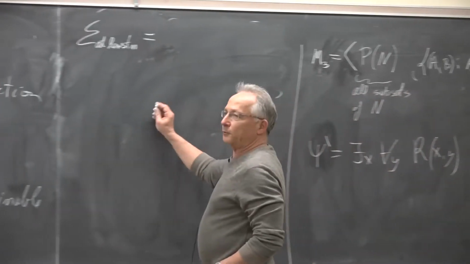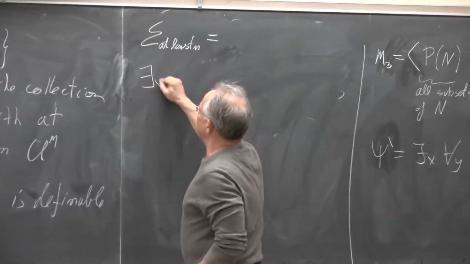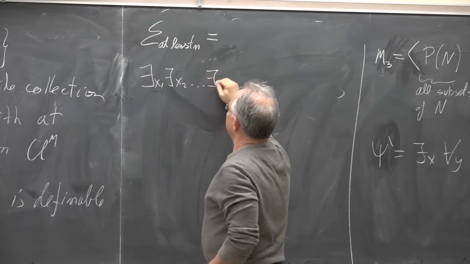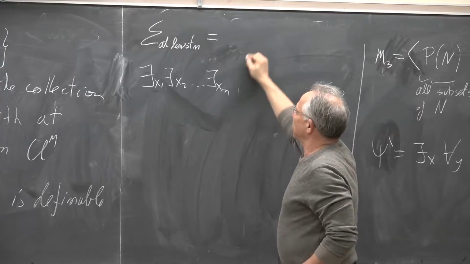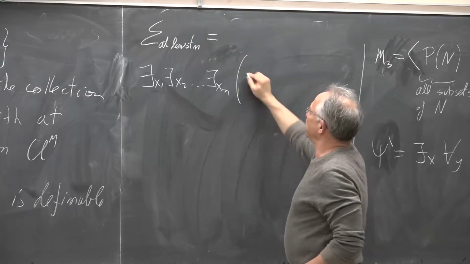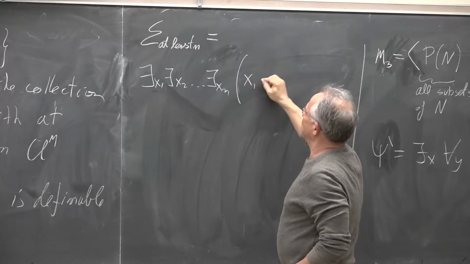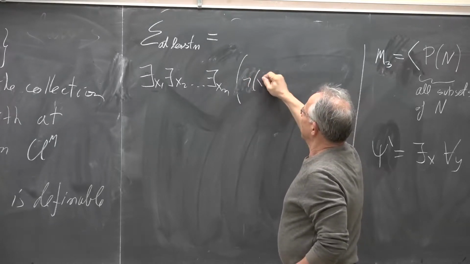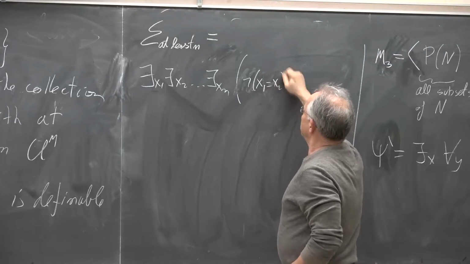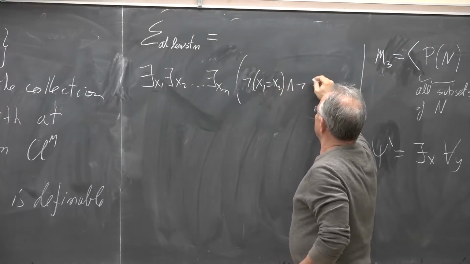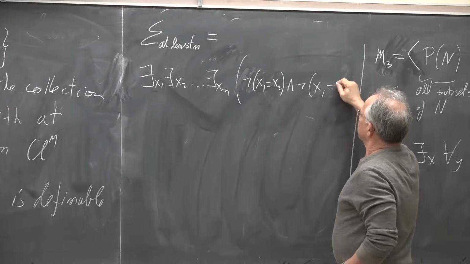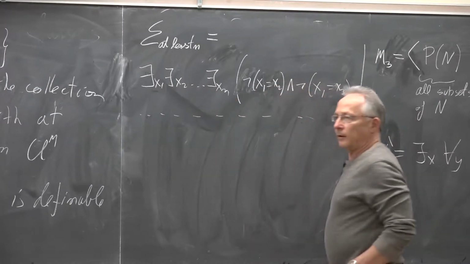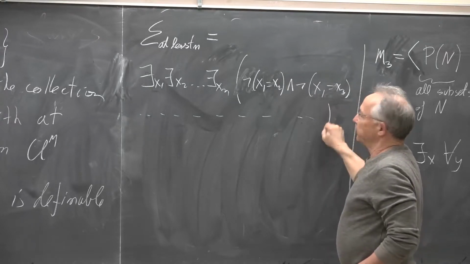So it will be a long formula: there exists x1, there exists x2, there exists xn, such that not x1 equals x2, and not x1 equals x3, and all the possible pairs.